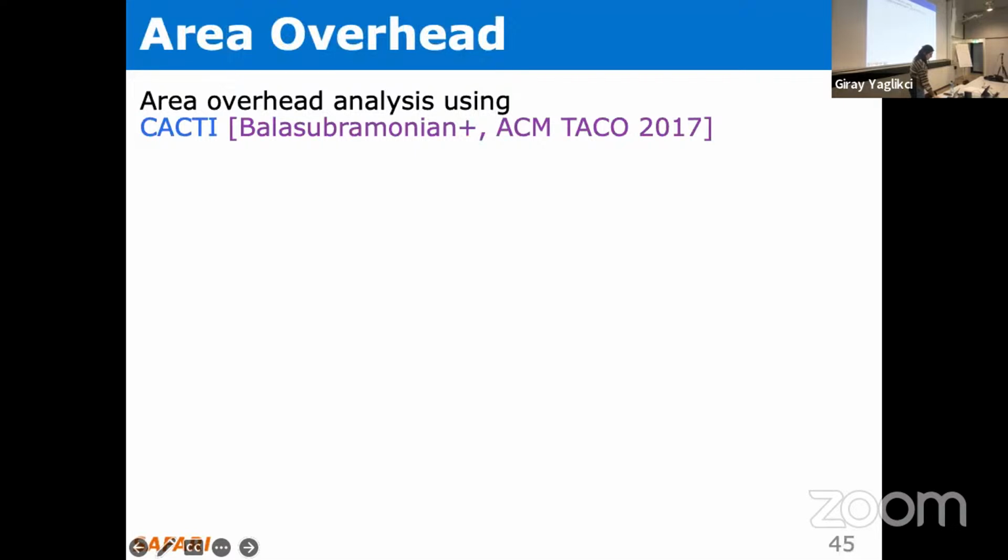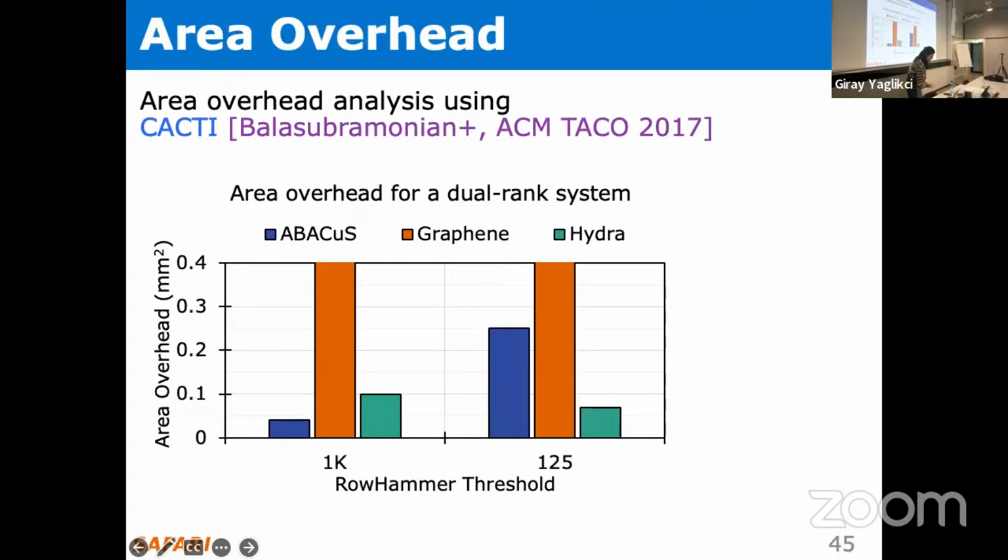Let's look at the area overhead of Abacus. And we again did this analysis using CACTI. And this is the comparison against Graphene and Hydra. And as you can see, at the RowHammer threshold of 1000, Abacus induces a significantly smaller area overhead than Graphene, and it takes up smaller area than Hydra.